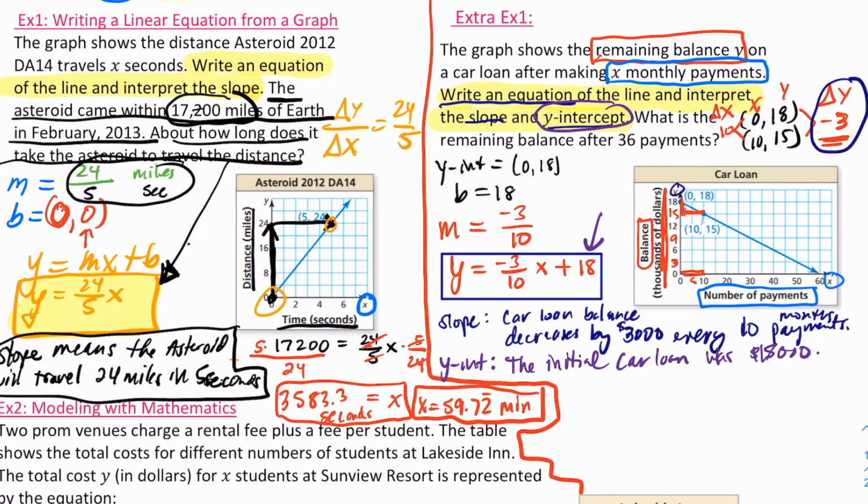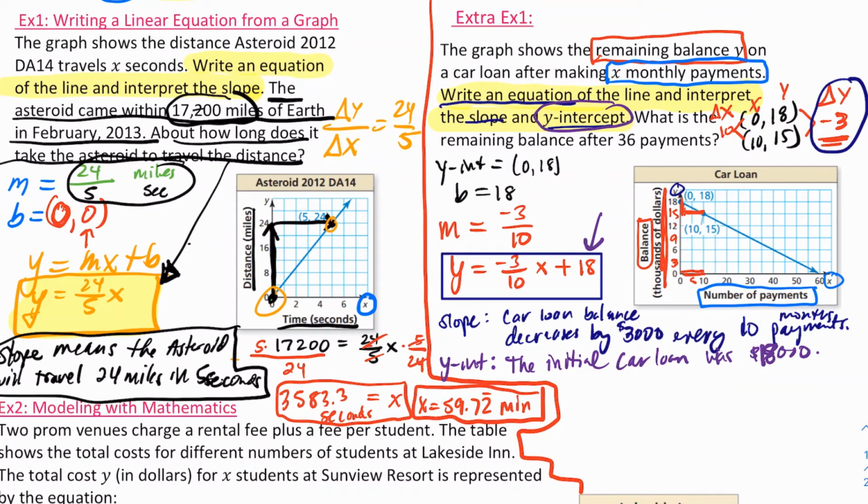Now you can't just say 18 or 18,000 or $18,000. You need to explain what that means. It means that your initial car loan was $18,000. That was your balance. So that's how much money you borrowed.